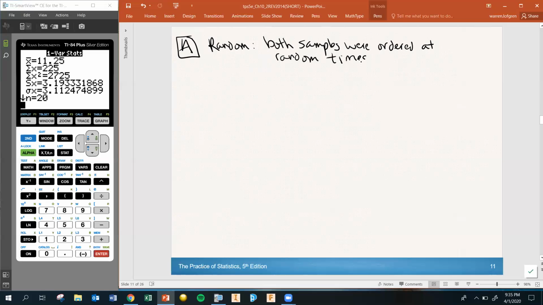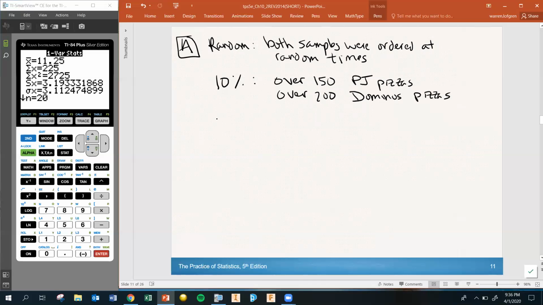We need to check the 10% condition. Our samples cannot be too big. Papa John's had a sample size of, how many pizzas did we have? 15. So we know there are definitely over 150 Papa John's pizzas. Domino's, we had 20 in our sample. And again, pretty safe to assume there are over 200 Domino's pizzas. So we meet our 10% condition.